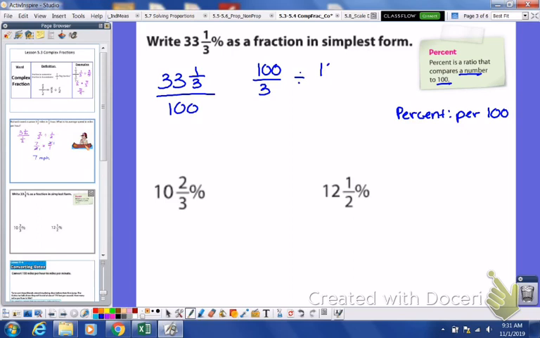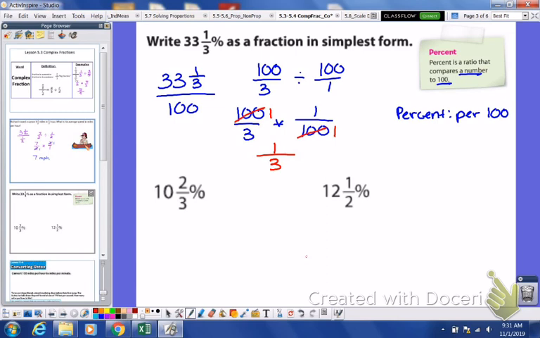So we're going to write that as a fraction. So 100 over 1. Multiply by the reciprocal. So 100 over 3 times 1 over 100. I see my hundreds will reduce. So 1 times 1 is 1, 3 times 1 is 3, so 33 1/3% is 1/3 as a fraction.